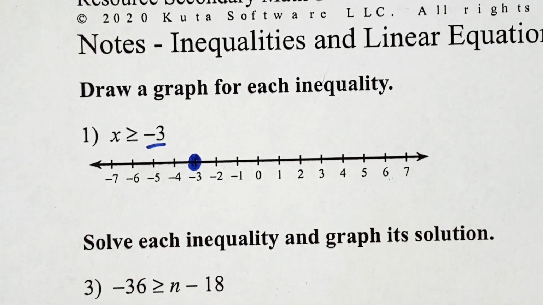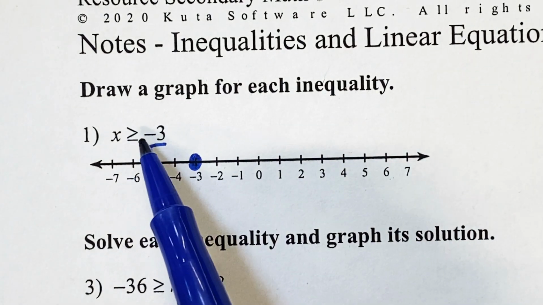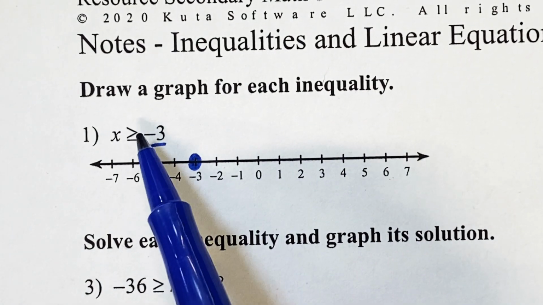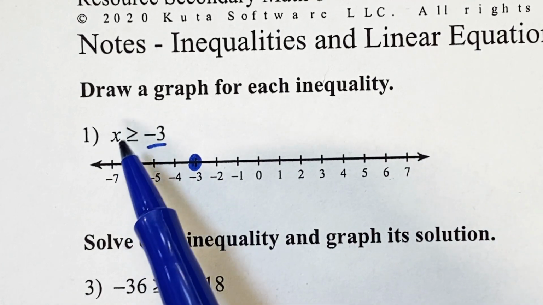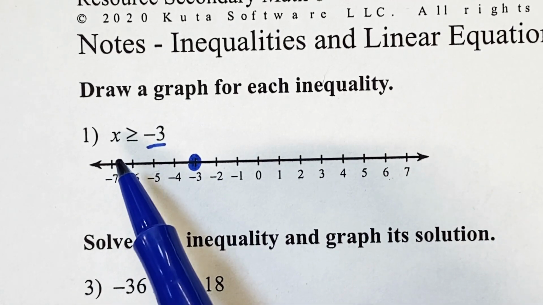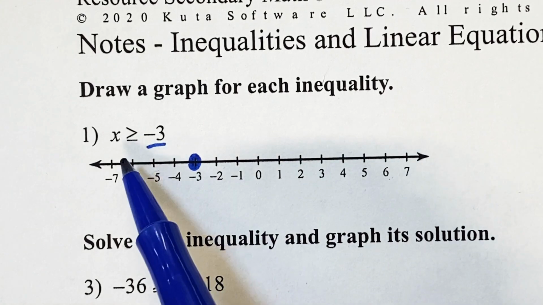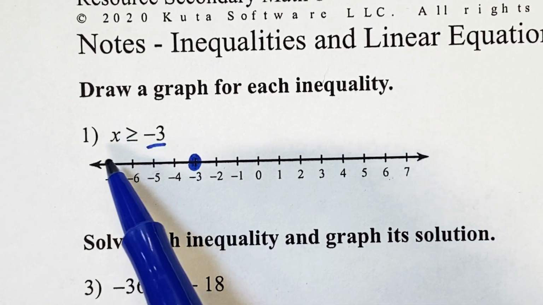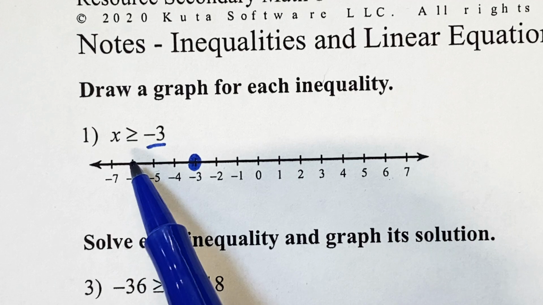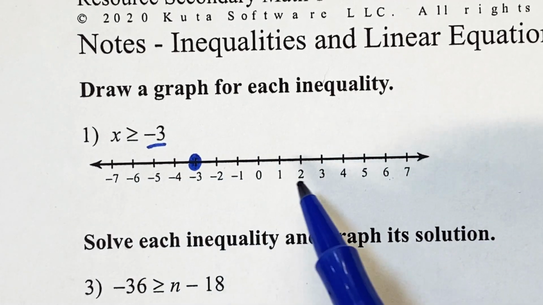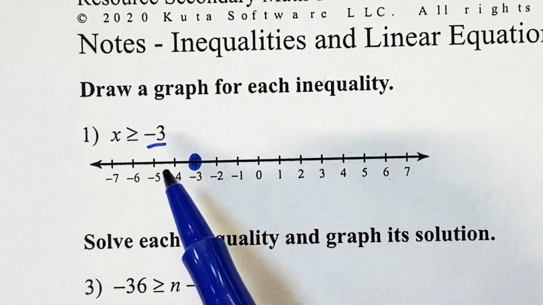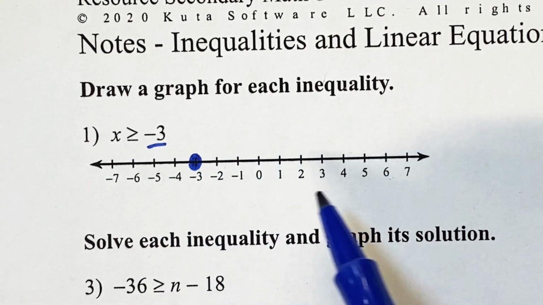Okay, so now you can think of this in 2 ways. I've kind of explained to you guys the trick of having the sign point which way you want to shade as long as the variable comes first, right? In this case, the x is coming first. But you can also think of what it's actually saying, right? So this is saying x is greater than or equal to -3. Okay, which numbers, is it on this side or that side, are greater than -3?